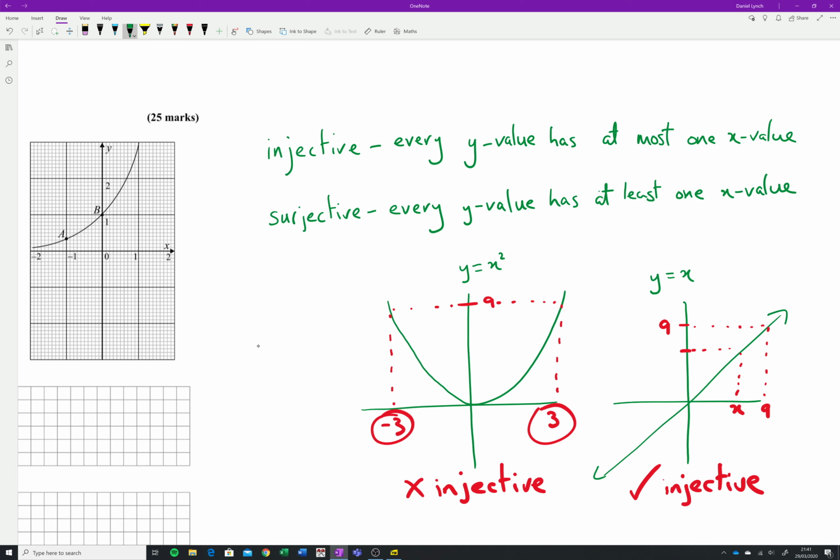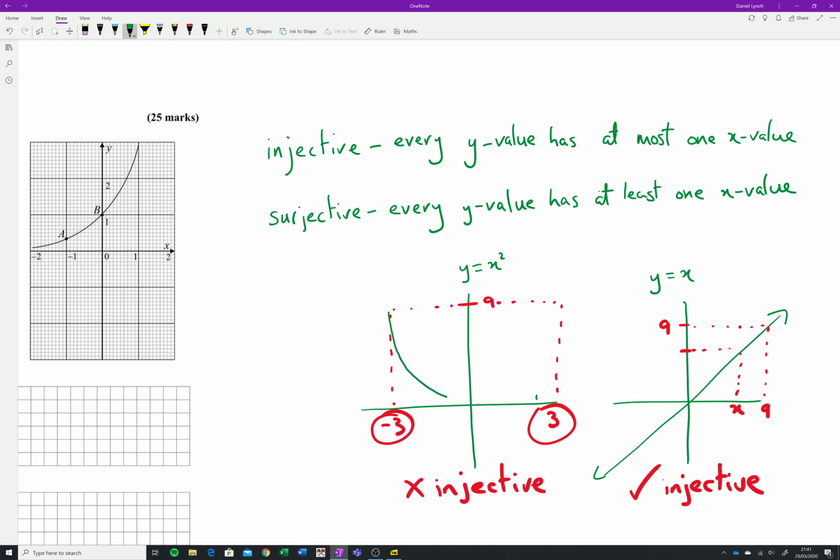I should have said, on injective, one way that you can check whether a function is injective if you've got it drawn out: if you draw a horizontal line across, and it hits the graph in 2 places, that means that there are 2 x values associated with that one y value.